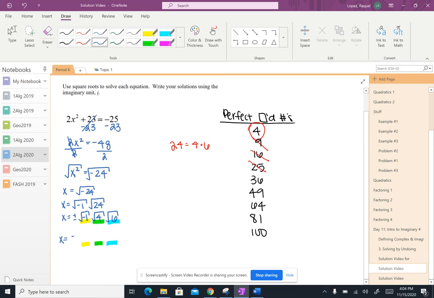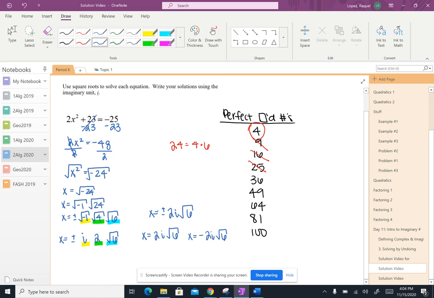So I've got x equals plus or minus i times 2 times the square root of 6. So if I clean that up, I've got x equals plus or minus 2i times the square root of 6. And just in case we need to see that one more time, that means our two solutions are the positive and the negative version of that.